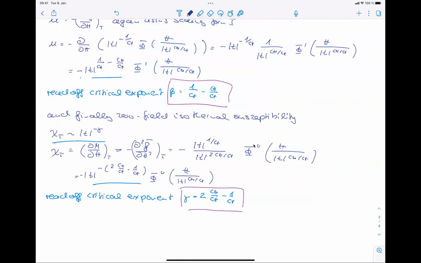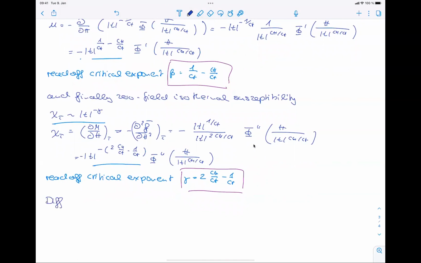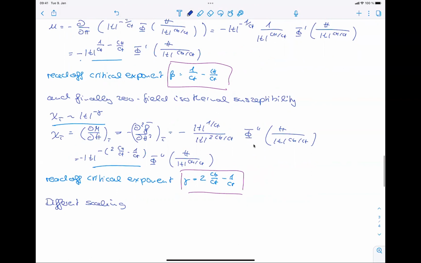There are different scaling forms. So we'll arrive at the last critical exponent that we need for the inequalities. We here now use that both t and h are critical, so I adjust them at the same time.